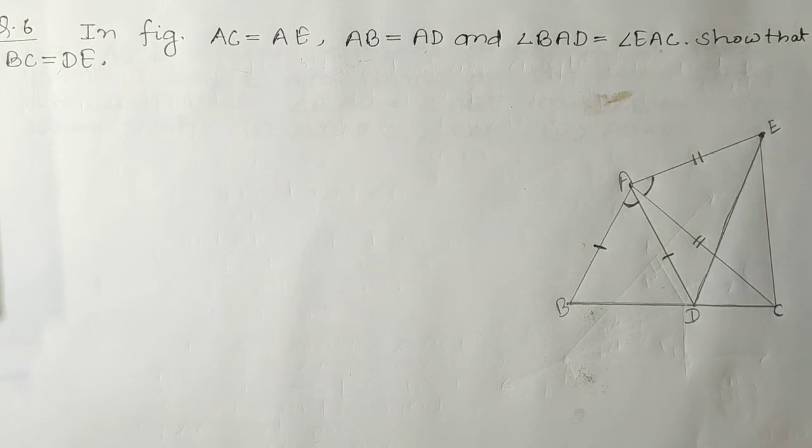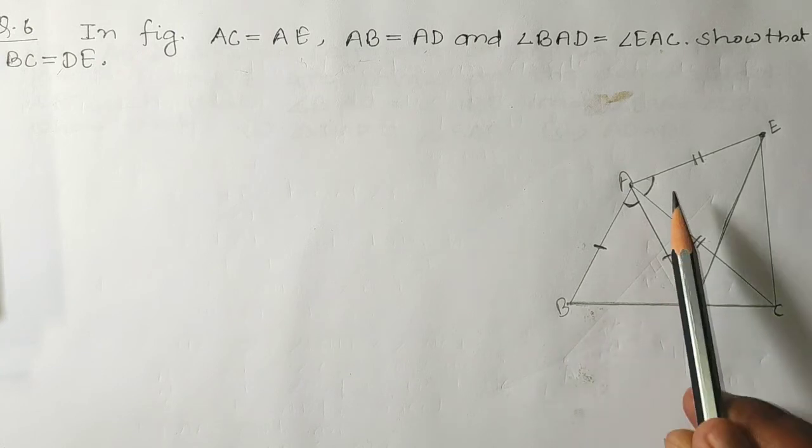Okay, so how will we show it, students, that BC is equal to DE? See, what will be our thinking process? Okay, how will we think to solve this question. See, students, try to understand. BC is the part of which triangle?